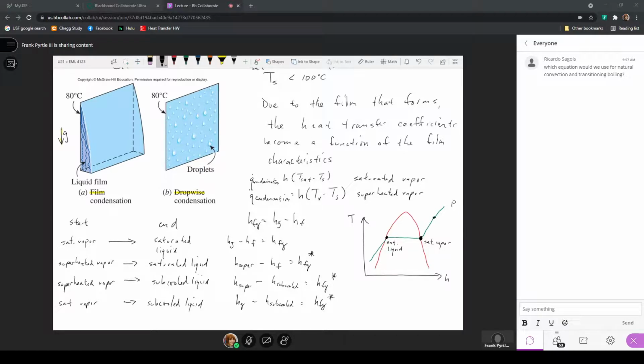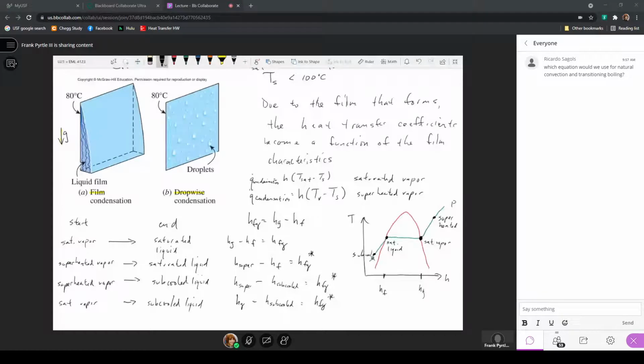Out here, superheated vapor. And over here, subcooled liquid. So on this plot here, this would be H sub F, and this would be H sub G.